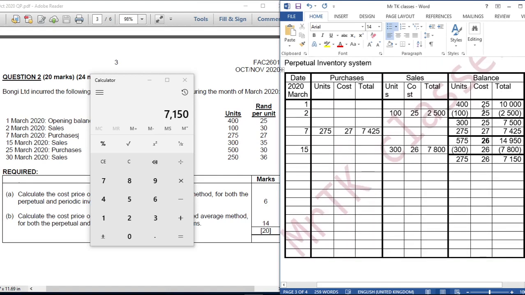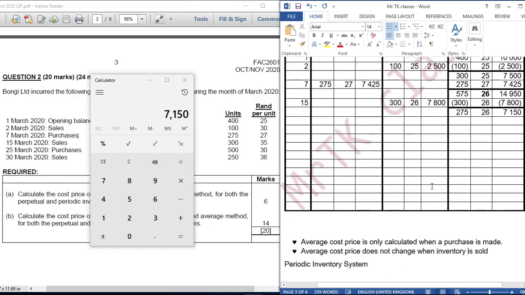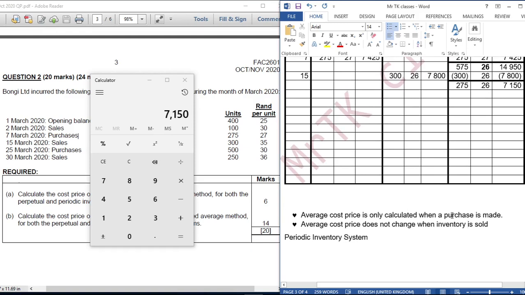So do you see that when we bought here, our average changed? When we sold, our average remained the same. So we only calculate our average every time we buy. Every time we sell, we are not going to average our cost price.